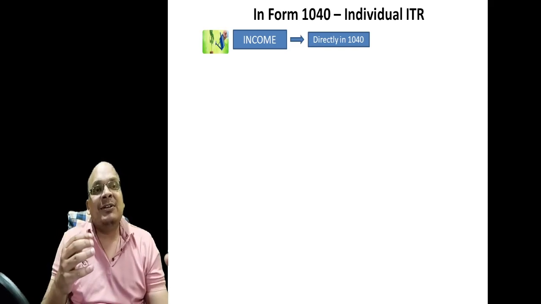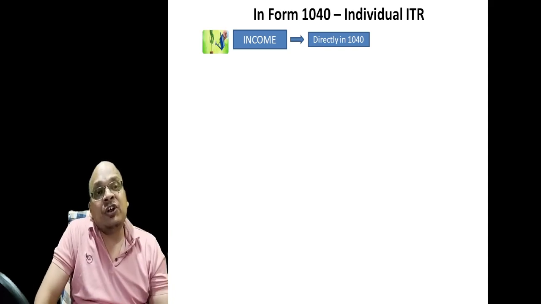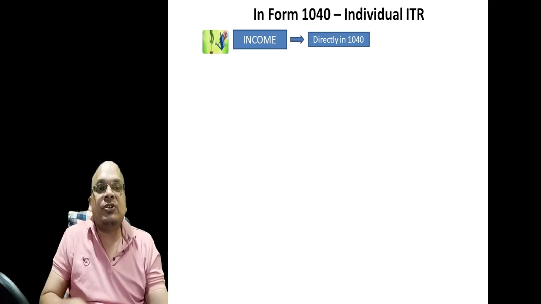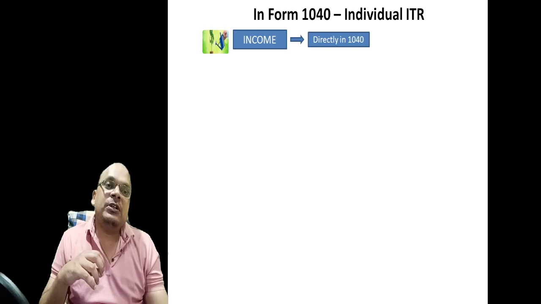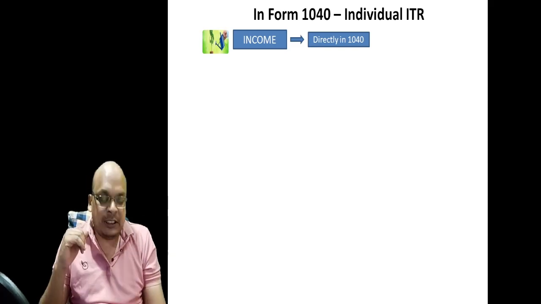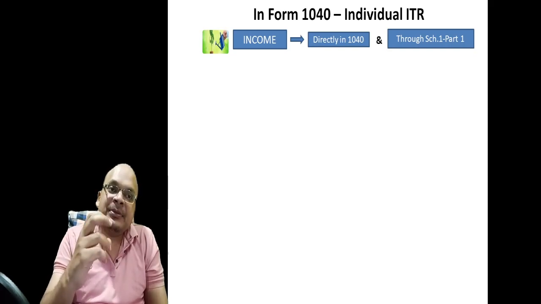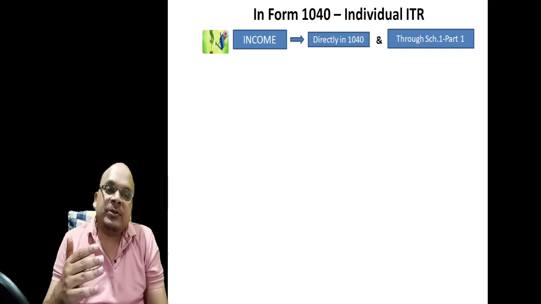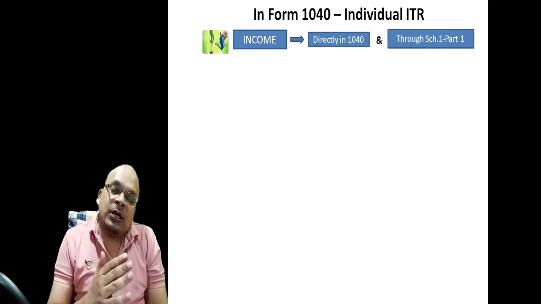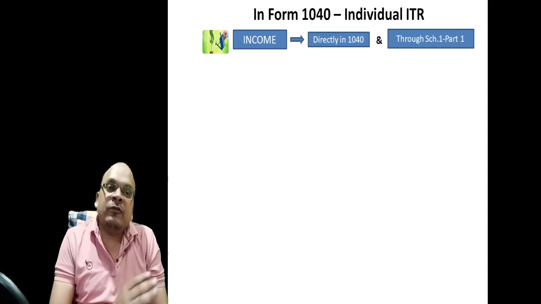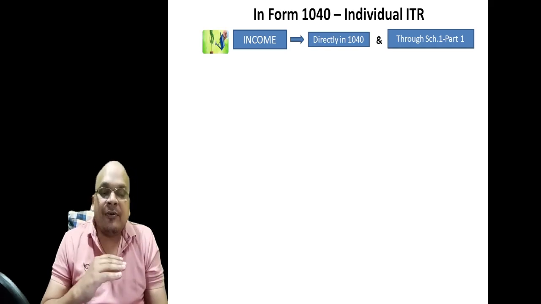So there are certain schedules in which details of other incomes are mentioned, and the total of those incomes is finally brought onto the Form 1040, right? So very limited incomes are shown on the face of Form 1040, and other incomes are brought as a total from a different schedule known as Schedule 1 in its Part 1, right?